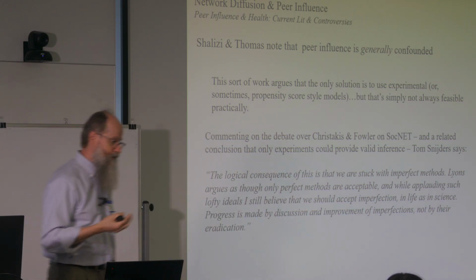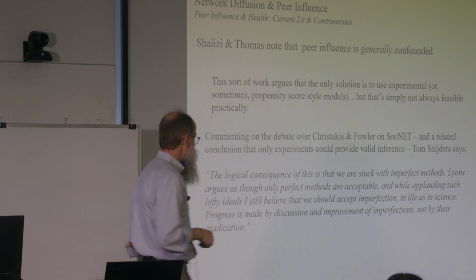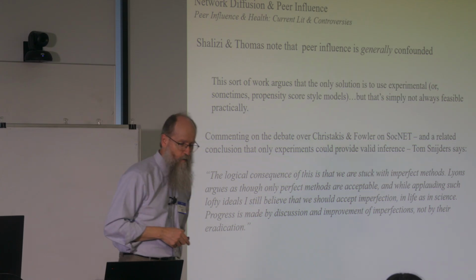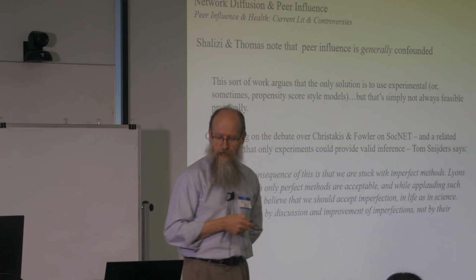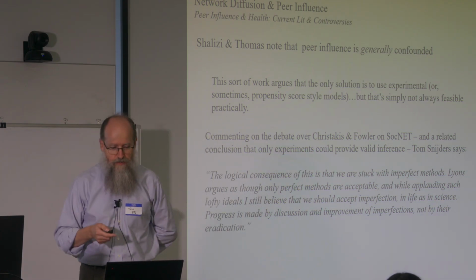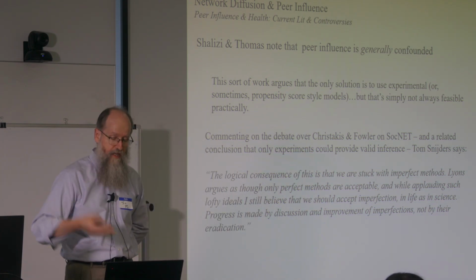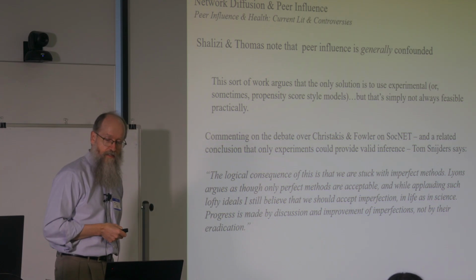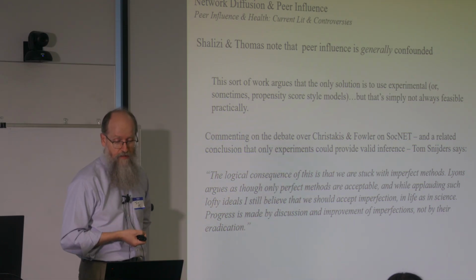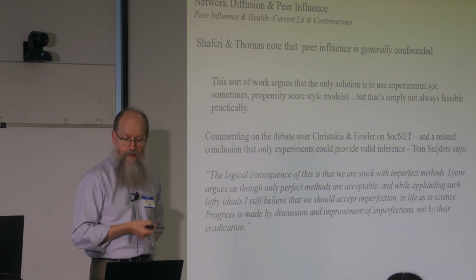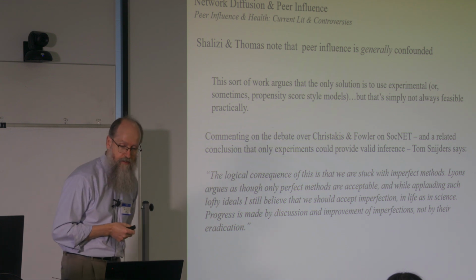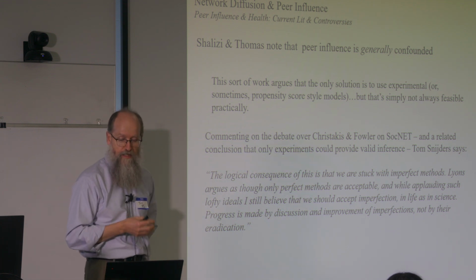And one of the things we learned as modelers played out in a debate on a web group that many of us are on called SOCNET, where Tom Schneider argued that the logical consequence of this way of thinking about network causality is that we're stuck with imperfect methods. Others argue that only perfect methods are acceptable, and while applauding such lofty ideals, I still believe that we should accept imperfection.